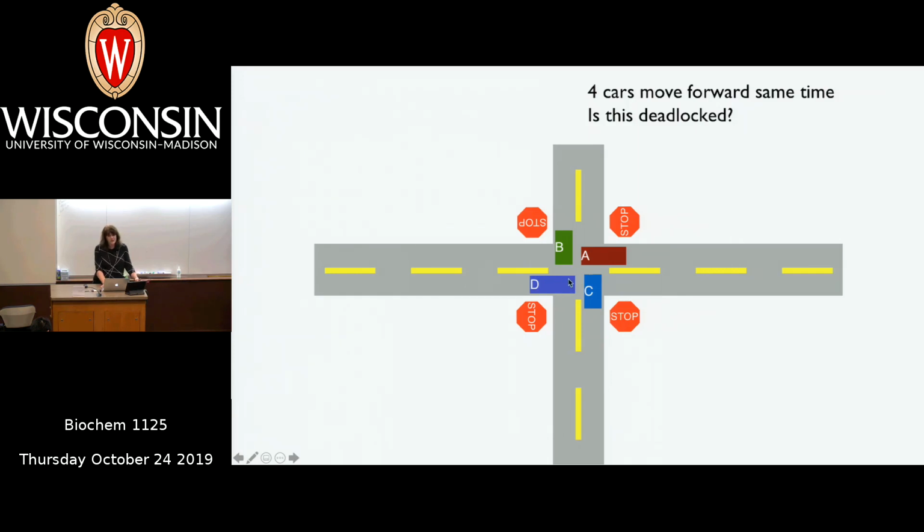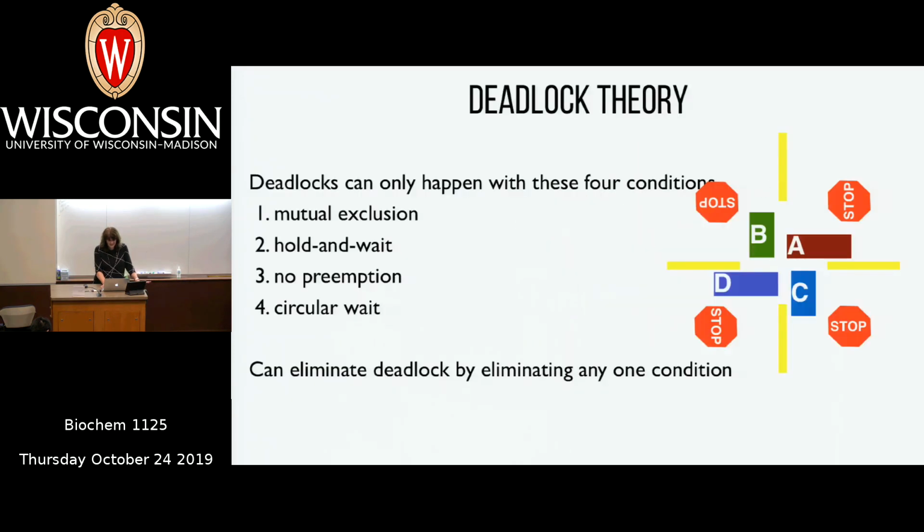So, how could we get rid of deadlock in this system? We can connect this back to the theory that we're going to see. Why is deadlock happening here? Well, we definitely have mutual exclusion on the squares of cement, so only one car can be in a place at a time without having an accident.